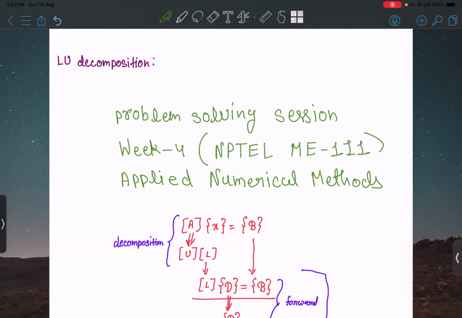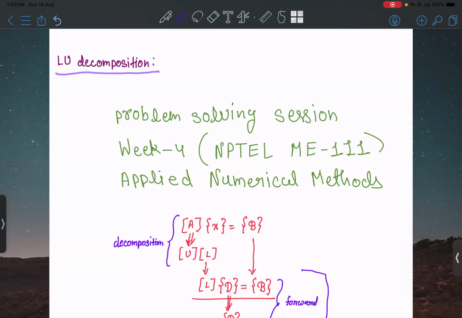So I hope you have gone through the lectures that have been provided by the instructor for week 4. The first topic that he discussed is the LU decomposition method.